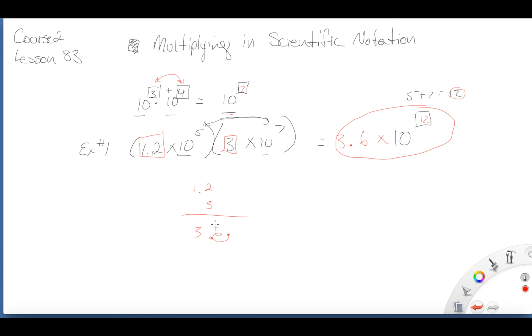Now we're going to go to one where we actually have to challenge ourselves a little bit more. So let's go to Example 2. It gives us a similar problem. We have 4 times 10 to the 6th power, and then we're going to multiply that by 3 times 10 to the 5th power.